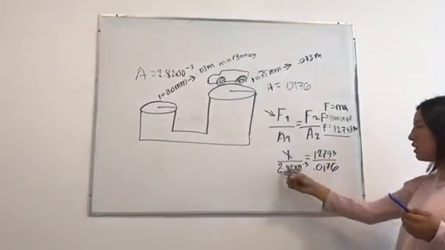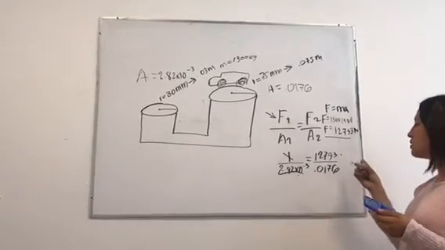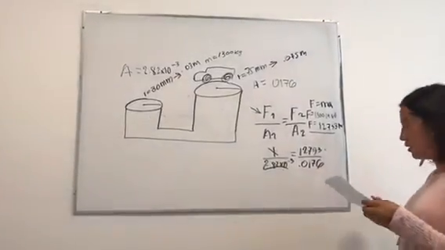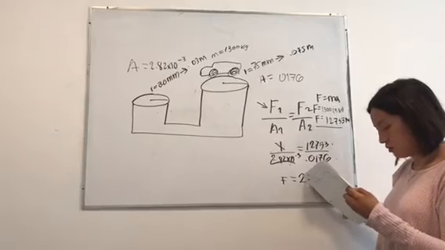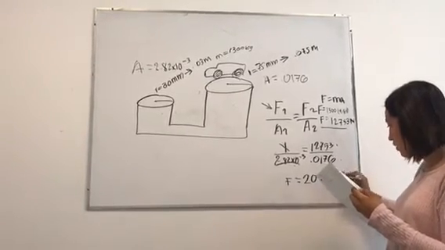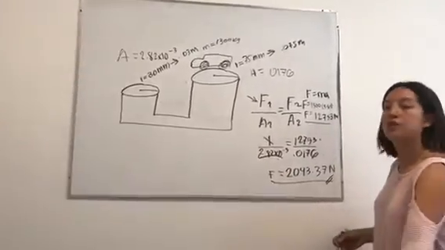So we multiply this by this, and then we divide it by this, and the result is gonna be force is 2,043.37 newtons. And we're done.